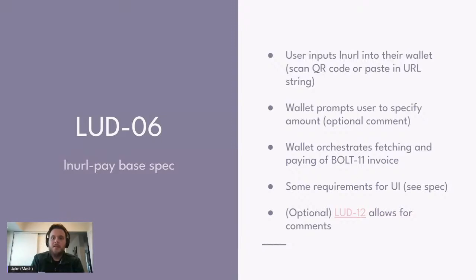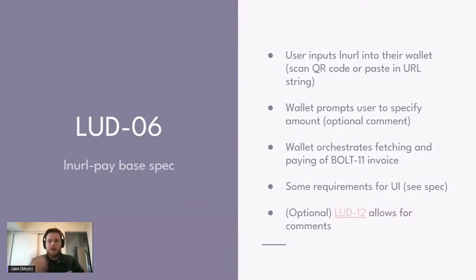This defines what happens when a user puts in the QR code or the URL, and when the wallet actually reads it in, what it should be showing to the user. It should be asking how much, and optionally there's also support for giving a comment if you want to send a message. It also specifies between the wallet and the receiver system what that fetching and paying of the invoice looks like.